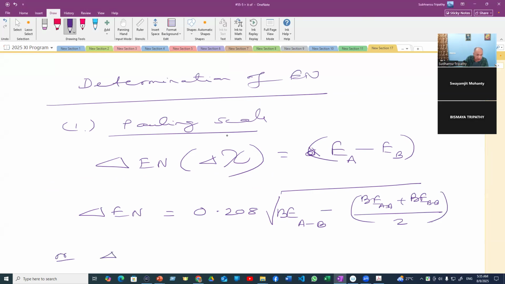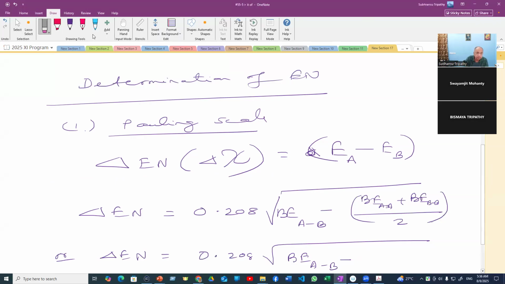Or they also can use the geometric average. Instead of using bond energy AB minus, you can multiply them, and take a square root.